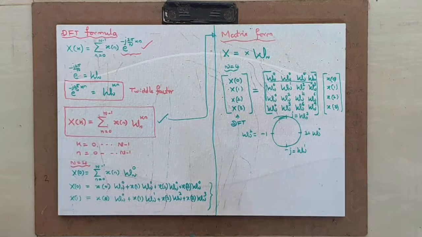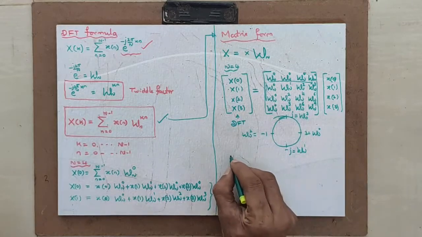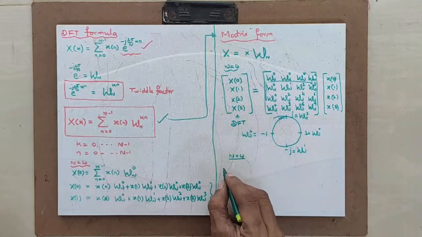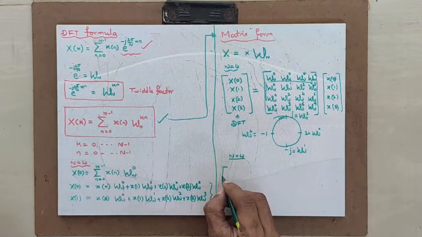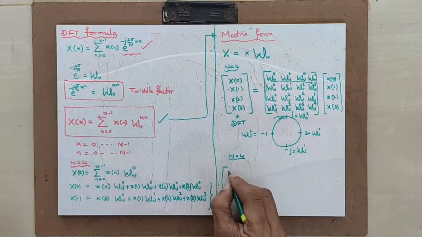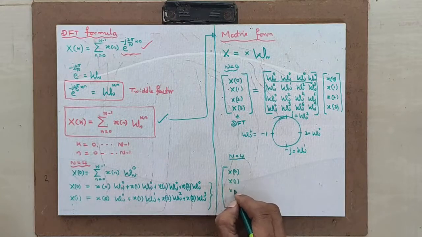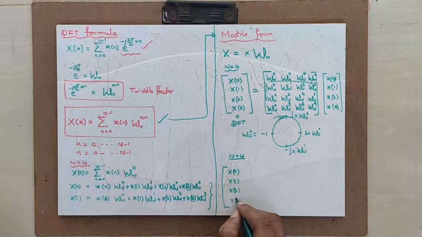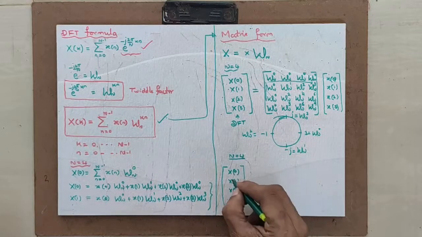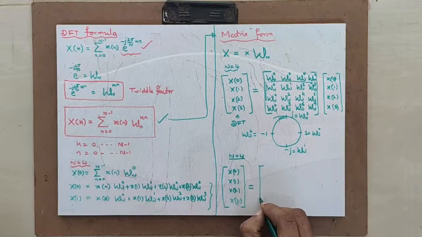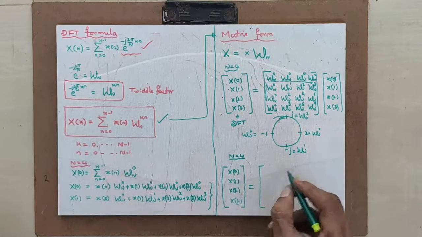This is the twiddle factor. Hence, for n equal to 4, in the matrix notation you can write like this. I will write now X0, X1, X2, X3. This is the DFT output, or what I call the frequency signal. This is the twiddle factor matrix.